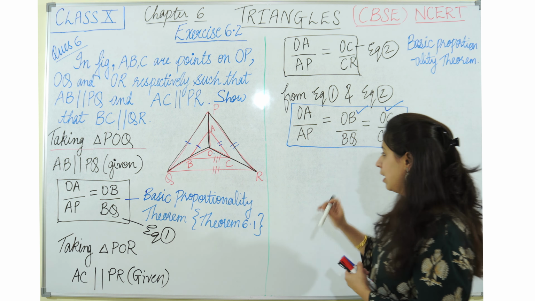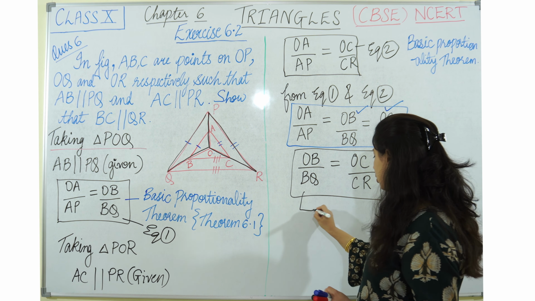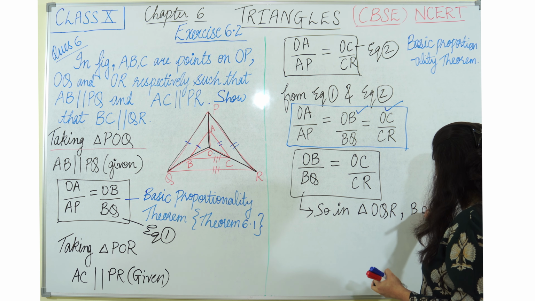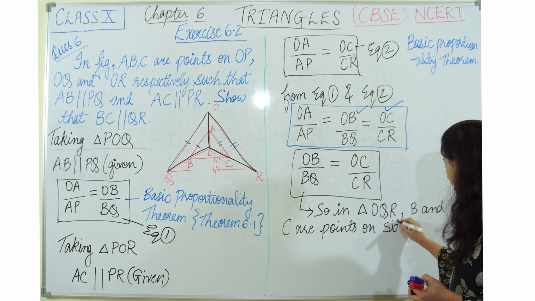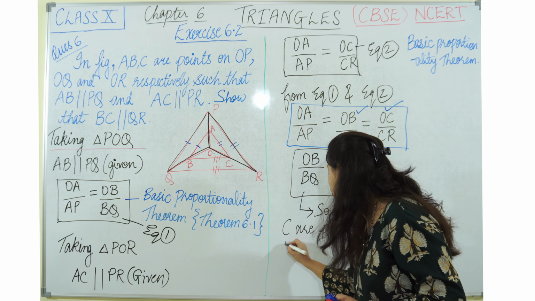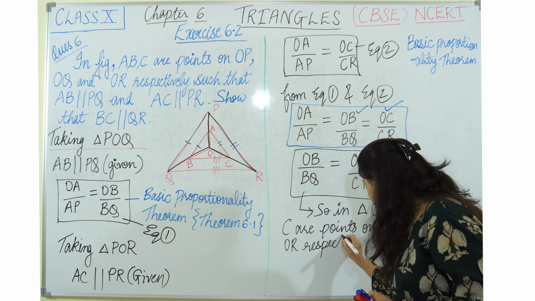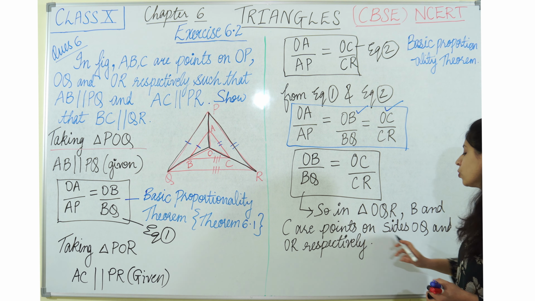So in triangle OQR, B and C are points on the sides OQ and OR respectively.